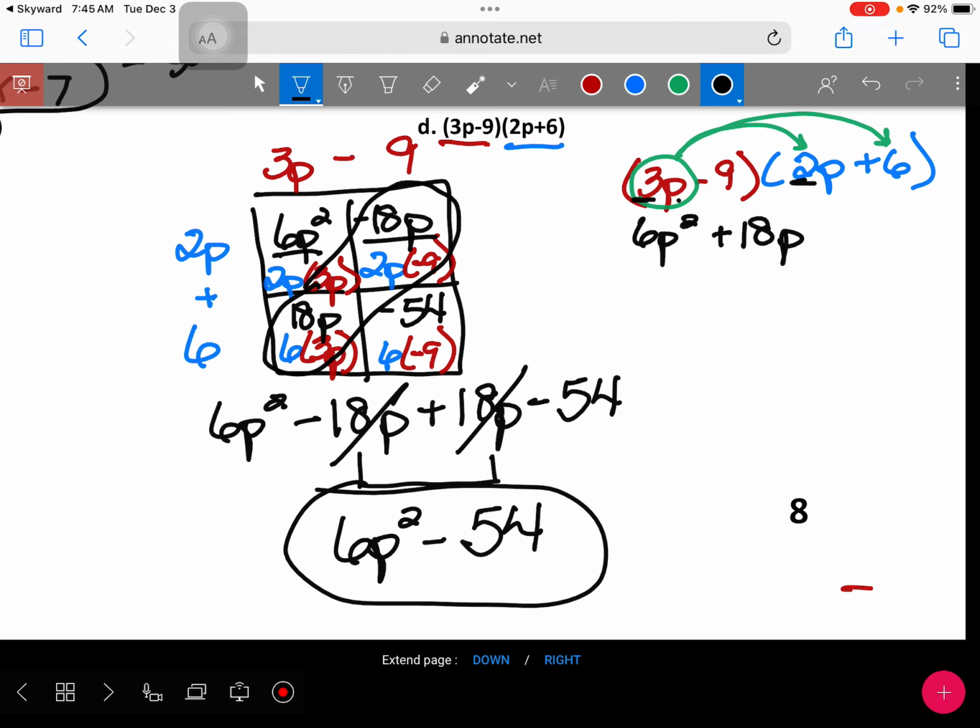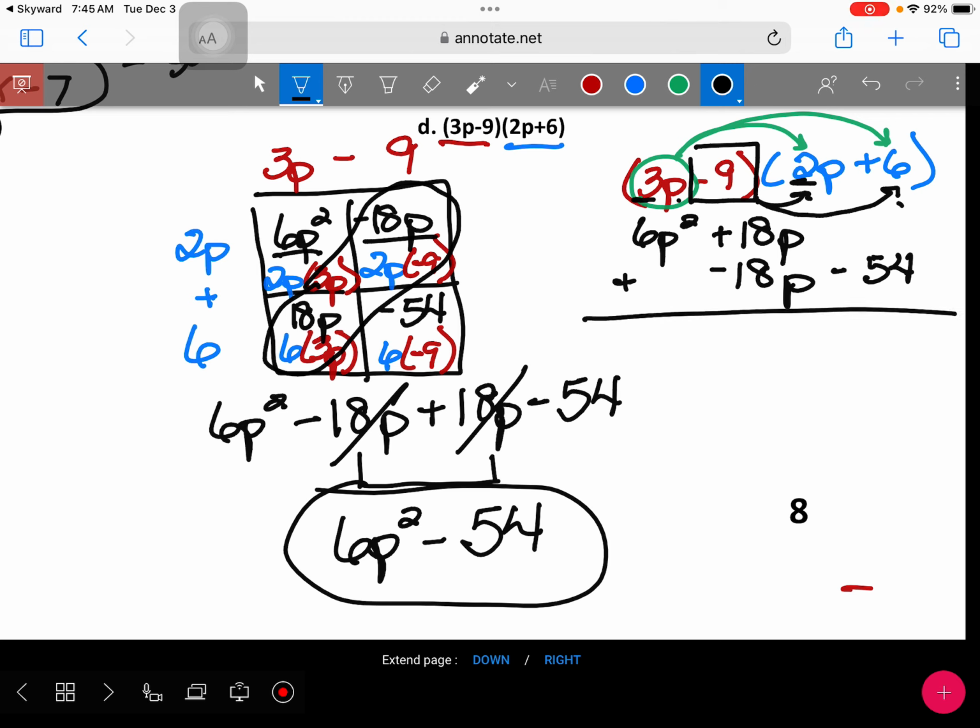You can just multiply. Then I'm going to take the second term of my first polynomial and multiply it by each of the terms in the second. So -9 times 2 is -18p, and -9 times 6 is -54.